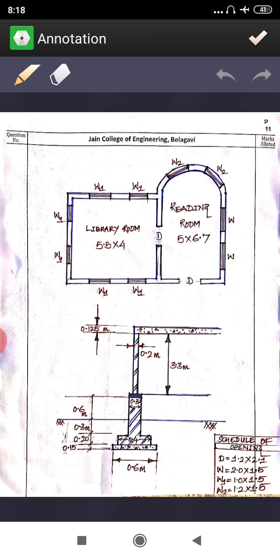If you see the first footing, width is 0.4 and the depth is 0.2. Similarly for plinth, width is 0.3 and the total depth of plinth you are supposed to take. Here it is 0.6 above the ground and 0.3 below the ground. So altogether it will have a total depth of 0.9. See, 0.6 plus 0.3, it is 0.9.